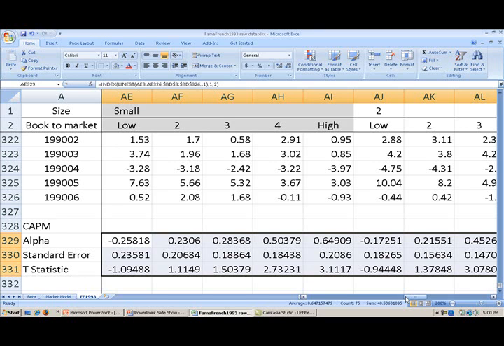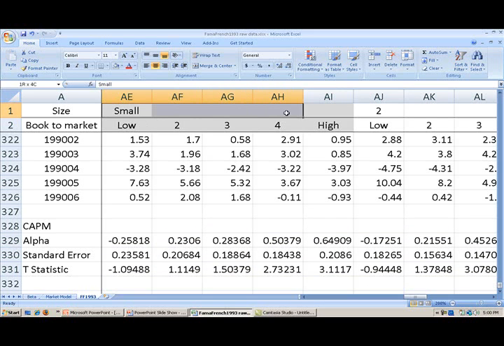Now if you recall, Fama and French said that it was smaller firms with high book-to-market ratios for which there were positive alphas. Across the top here we can see we're looking at small firms, and we want to look at high book-to-market ratios. Look what happens as we start in the small firms here.